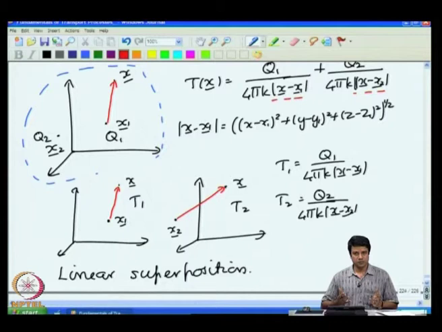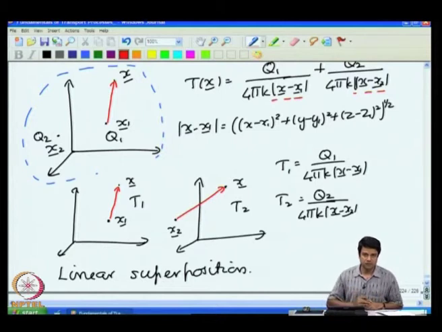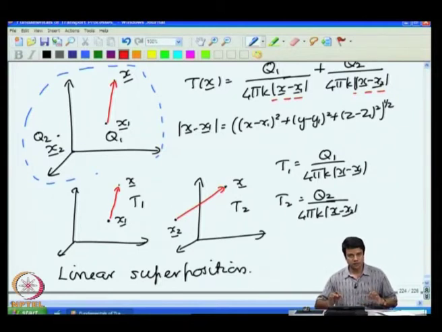So, since the point source has zero size anyway, when I add up the two, I will still get the correct solution, because there are no boundaries to this point source. It is just a source within the fluid. Therefore, if I add up the two for point sources, I can remove one source and leave one in, because the source that I removed did not have a boundary anyway. So, because of that, I can superpose the solutions due to point sources.